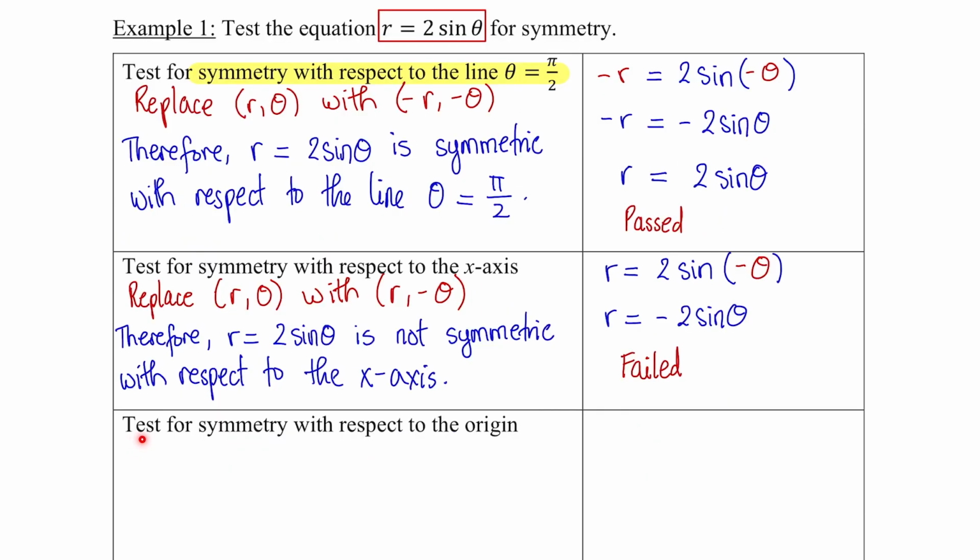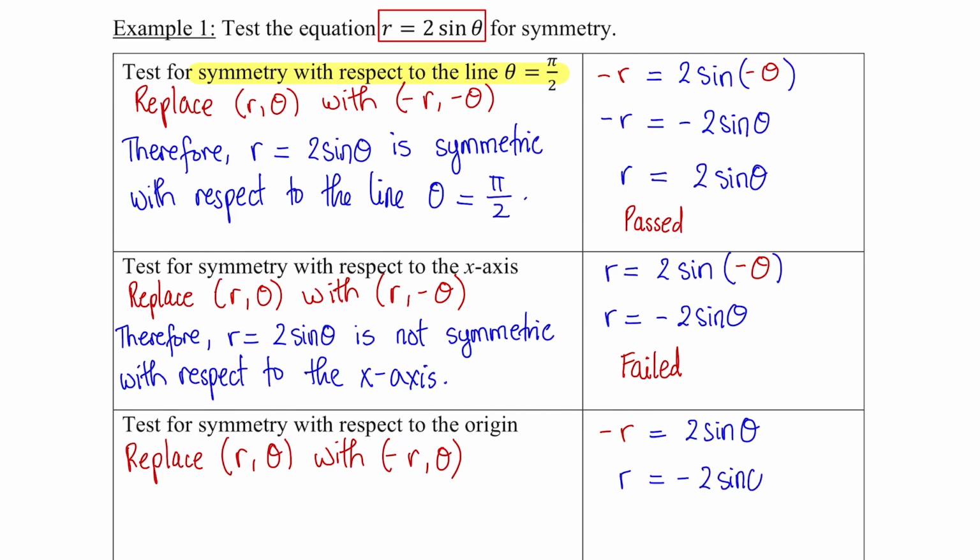Next, we want to test for symmetry with respect to the origin. In order to do this, we are going to replace r with negative r, so my theta will stay the same. My r now is replaced with negative r. So I have negative r equals 2 sine theta, which means r equals negative 2 sine theta.